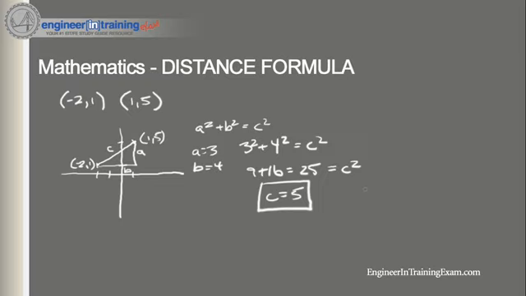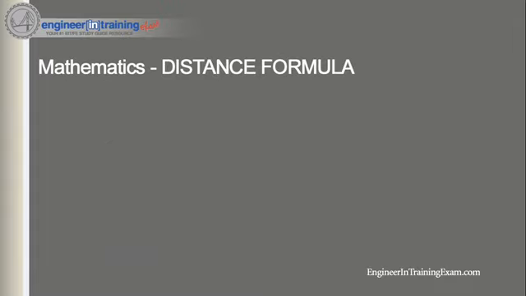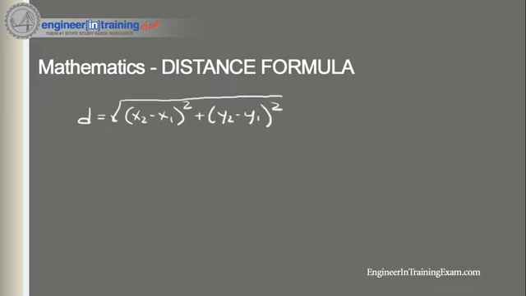However, the distance formula, like I said, repackages this formula into a simple equation that we can just quickly plug any two given points in a coordinate system into to figure out what the distance is between those two points. So the distance formula states that d is equal to the square root of (x2 minus x1) squared plus (y2 minus y1) squared, and all that is under the square root.